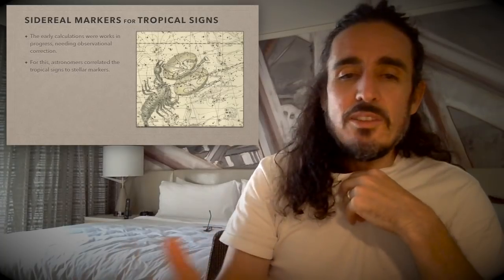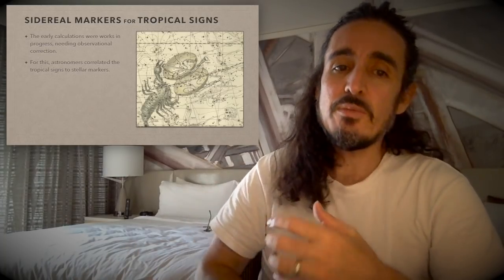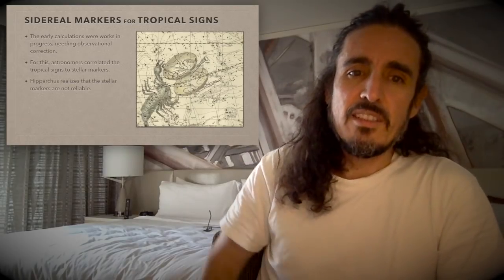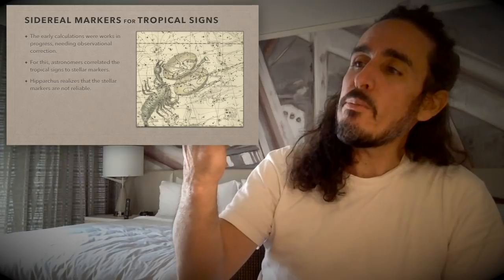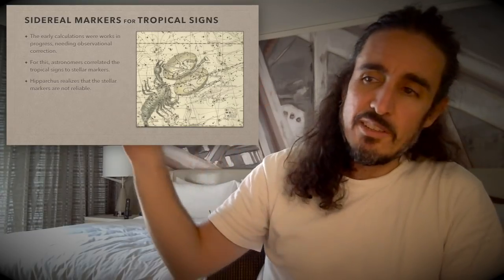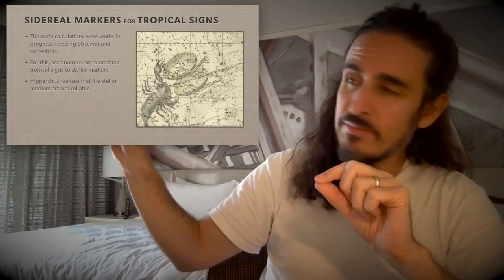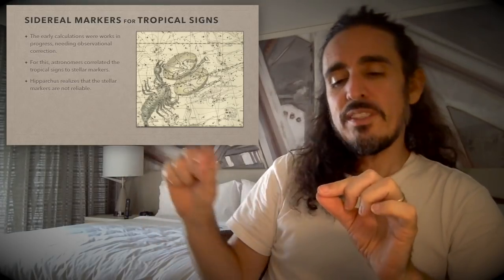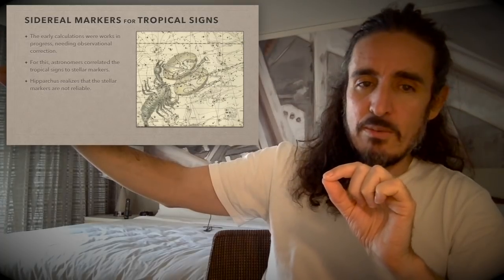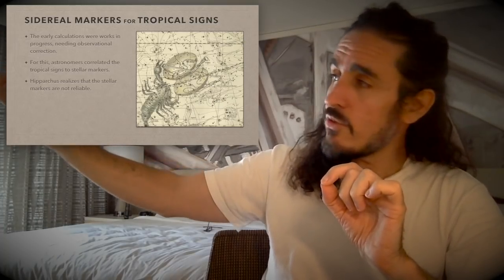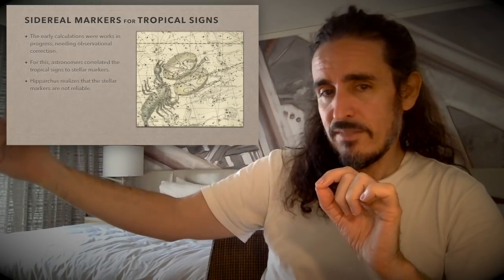But because of the phenomenon of precession of equinoxes, which was brought up by Hipparchus, the equinoctial point doesn't stay put relative to the stars, or vice versa, the stars don't stay put relative to the equinoctial point. So the relationship, if you say, well, that particular star over there is 180 degrees away from the equinoctial point, it's not always going to be true. It's going to drift. It drifts slowly, year by year.